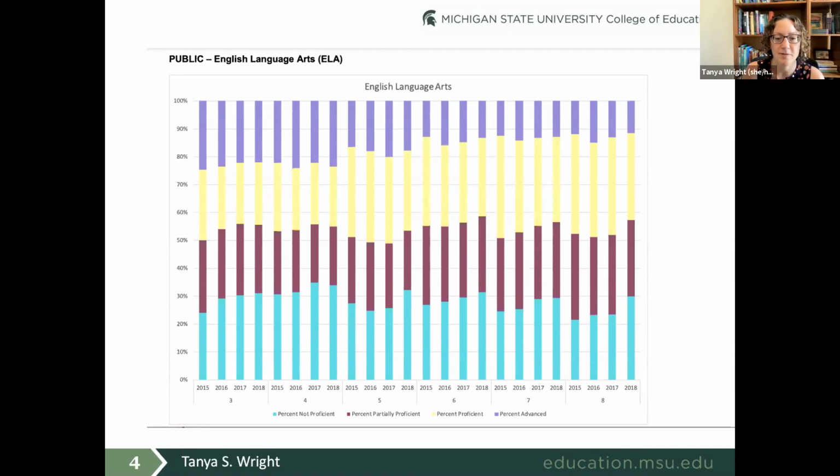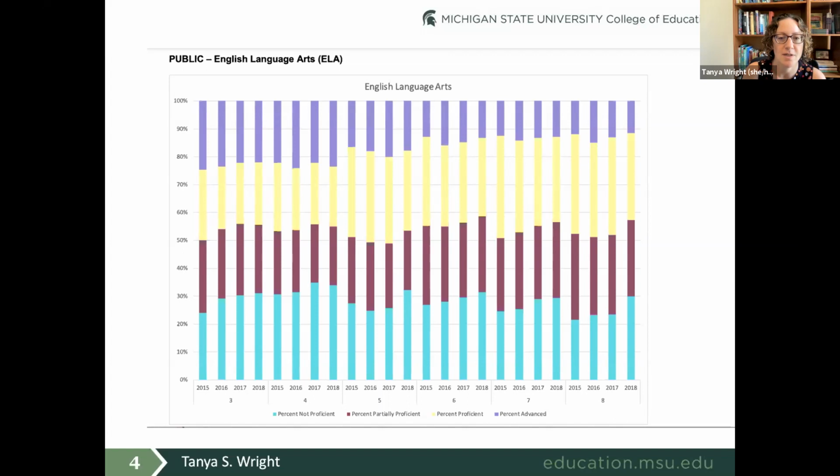At the bottom, the 3, 4, 5, 6, 7, 8 are the grade levels. And what this is showing is that the turquoise color represents the percent of children who score not proficient on M-STEP ELA at a particular grade level. The maroon color is partially proficient, the yellow is proficient, and the purple is advanced.